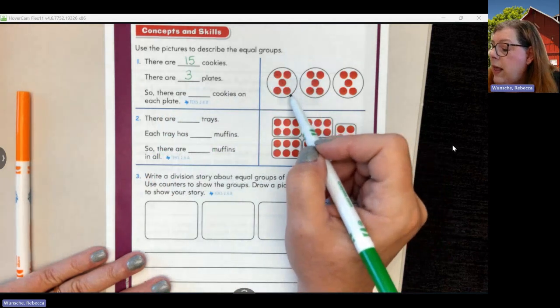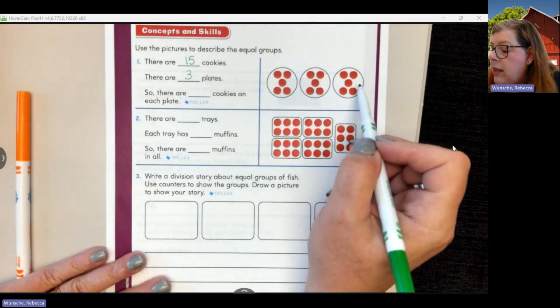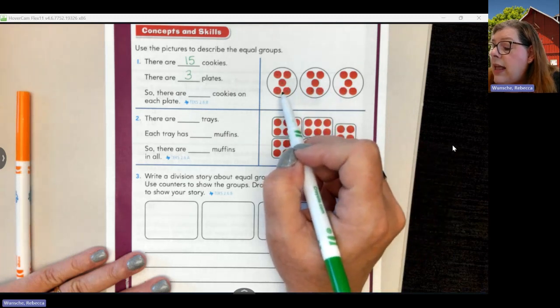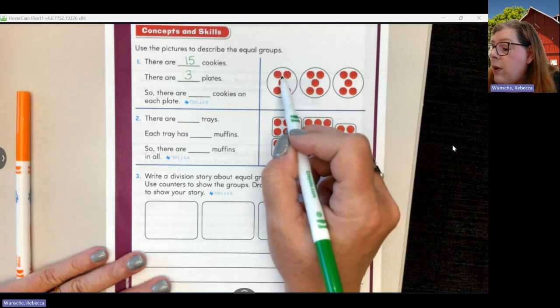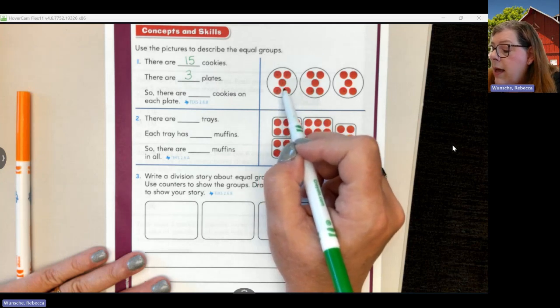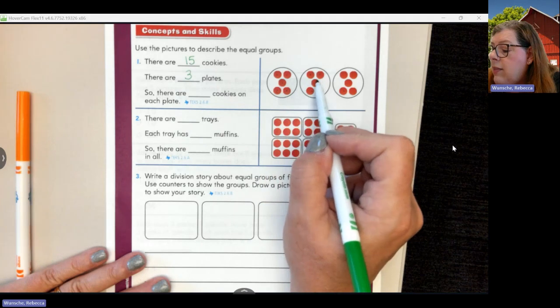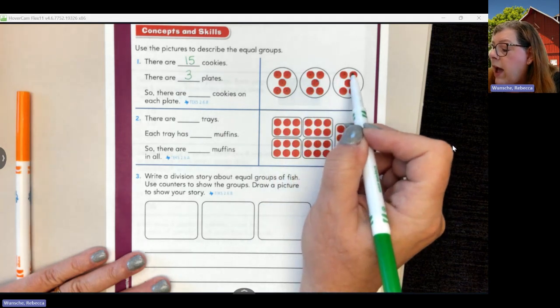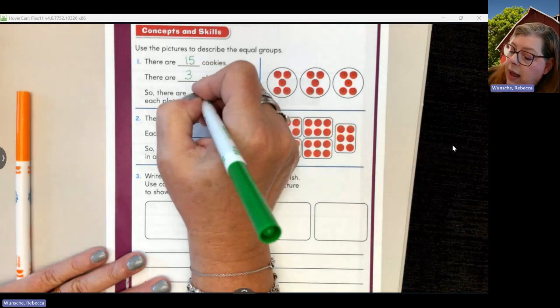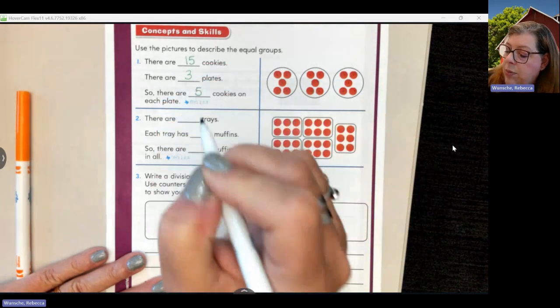We look at our whole amount of cookies, we look at each plate, and each plate has to have an equal group. So what is our equal group that's going to be on each plate? It's going to be 5. Each one of these equal groups has 5, and we can go back and check that each one has 5. So we have 5 cookies on each plate.